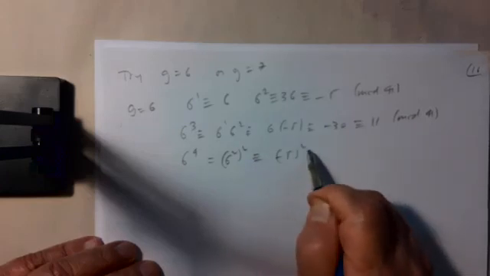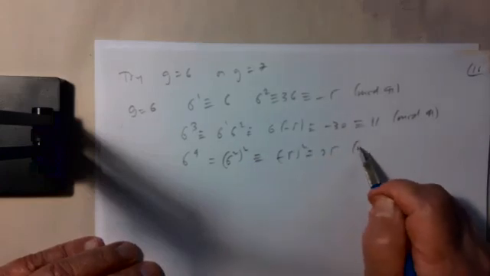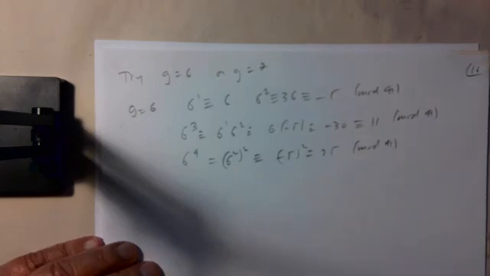That's minus 5 squared. That's 25 mod 41.